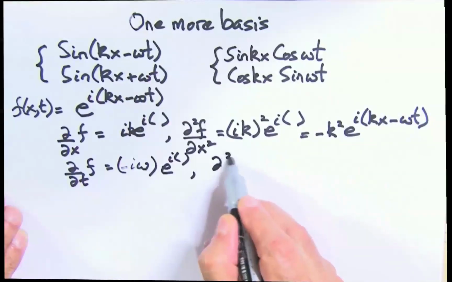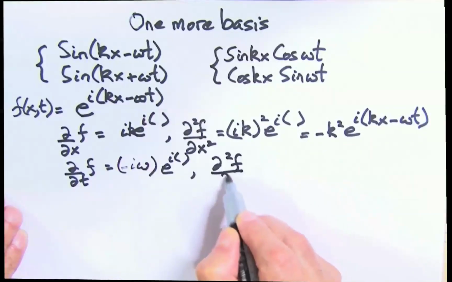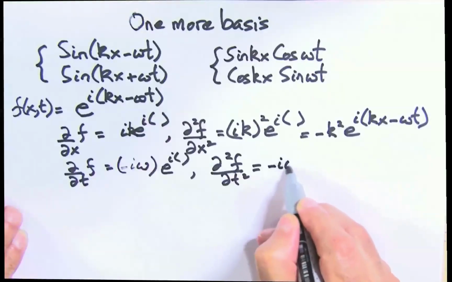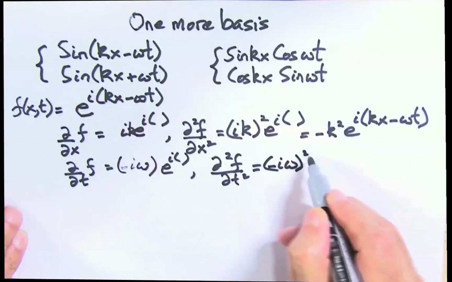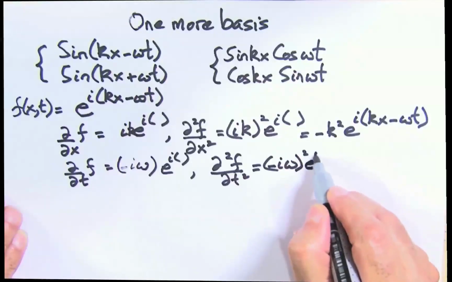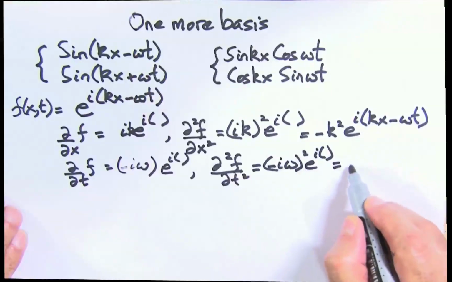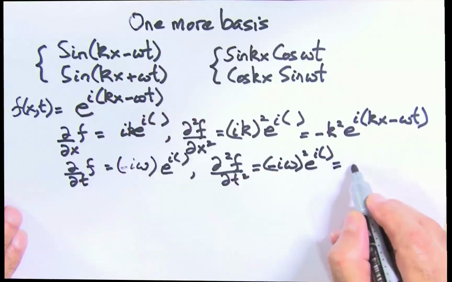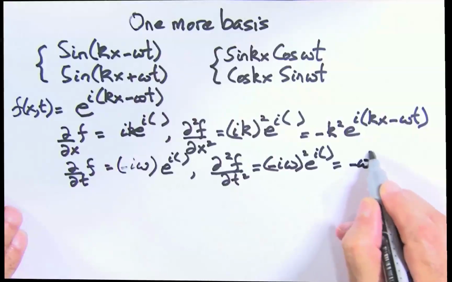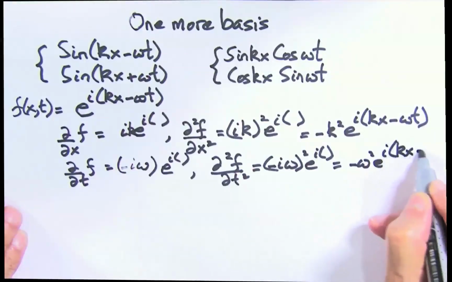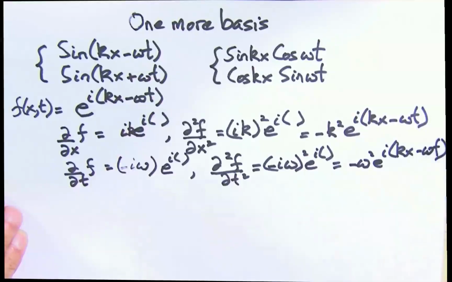And then if I take one more derivative, d2f dt squared, it'll just be minus i omega squared e to the i this. And this, of course, is again just minus omega squared e to the i kx minus omega t.